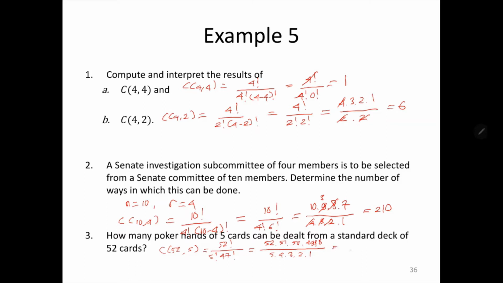And this is going to be 2,598,960. So there are so many ways to deal 5 cards from a deck of 52 cards in a standard deck of poker. Yeah, so many possibilities. All right.